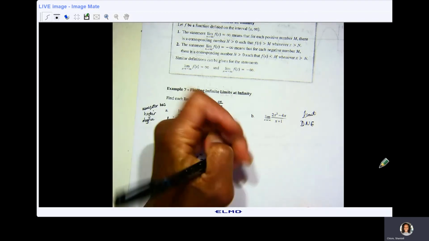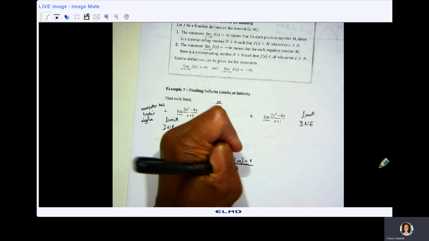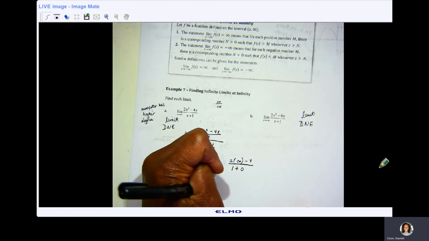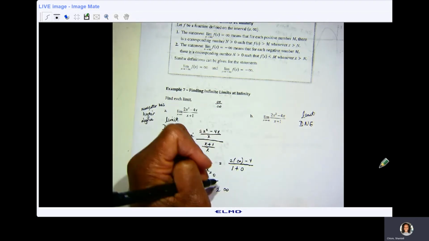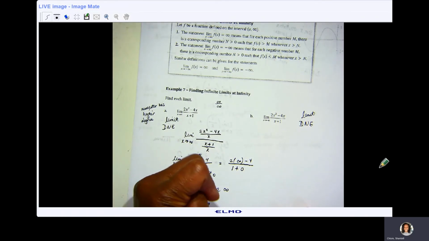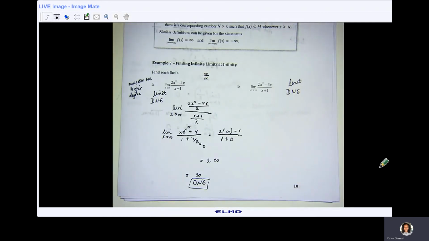So you've got 2 times infinity minus 4 over 1 plus 0, which is just 2 times infinity, which is just infinity, which does not exist. Very similar to a previous problem we looked at.